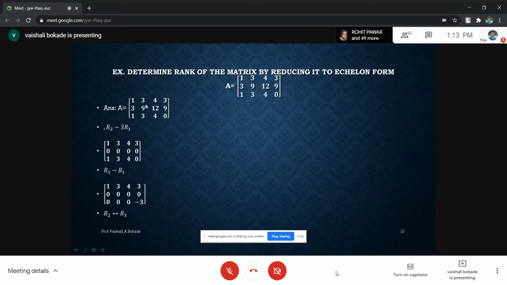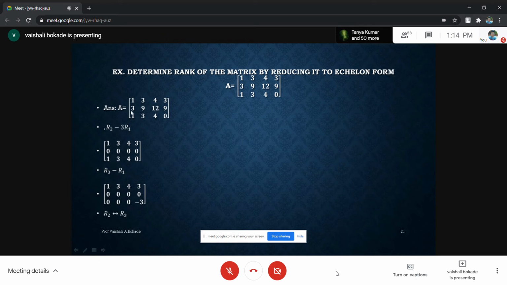But before going for that, whenever I'm having a certain matrix, I always observe whether by using R1 or any of the rows, after a certain row transformation, I may make a certain row 0. Yes, here I can make it.